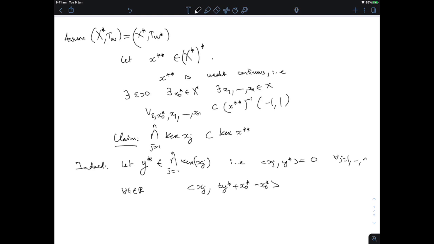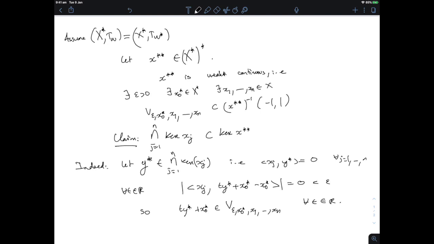That won't change anything. So this is 0, and that's definitely smaller than epsilon. So what I have now is that ty star plus x naught star has to be in this intersection of the kernels, and it has to be in V epsilon of x0 star, x1, ..., xn. That's for every t real number.